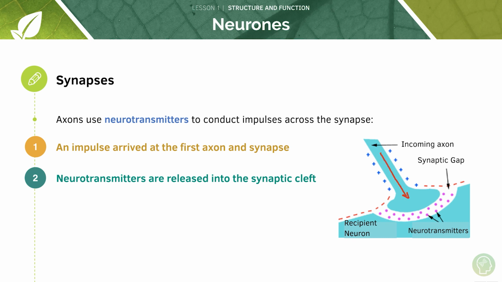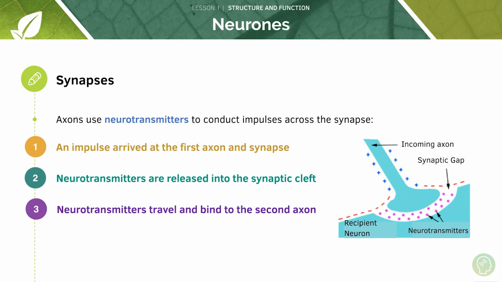It's going to stimulate release of these neurotransmitters here in this cleft. And the neurotransmitters are going to travel within the cleft and bind to the second axon. And when they bind to the second axon, they trigger an electric impulse in this second axon. And therefore, the electric impulse is able to be transmitted from this first neuron into this second neuron.